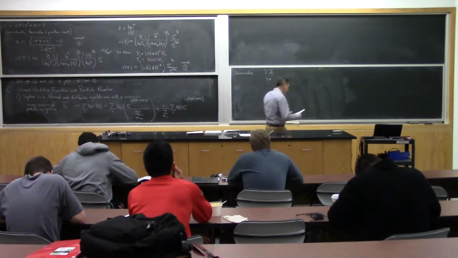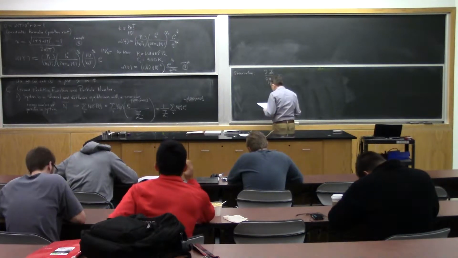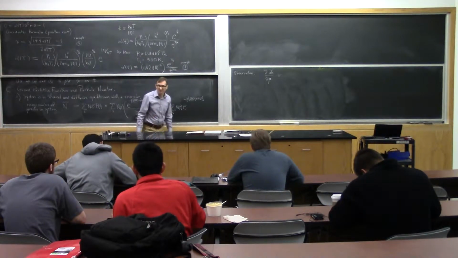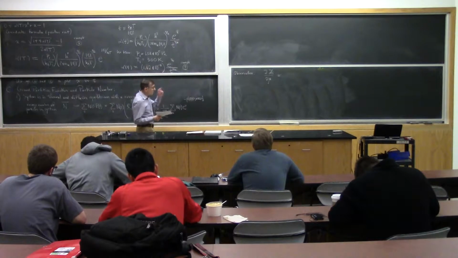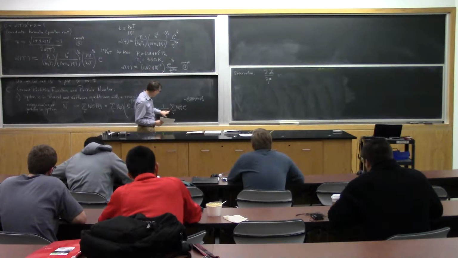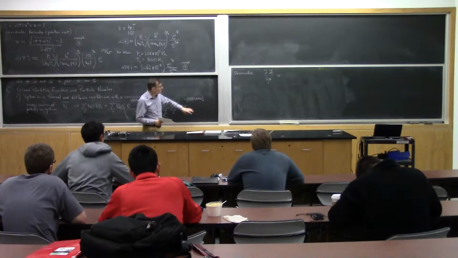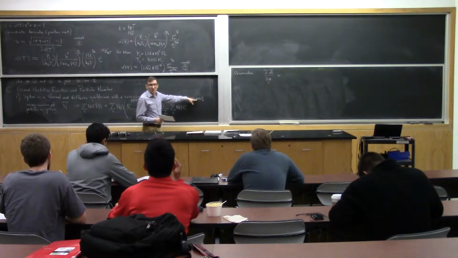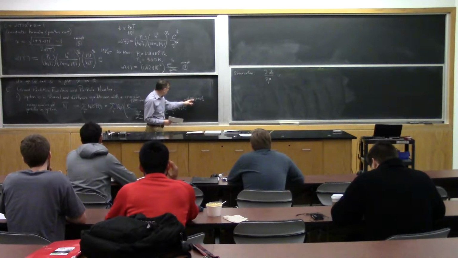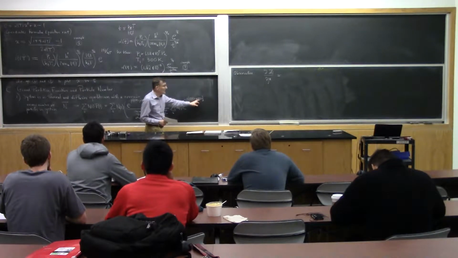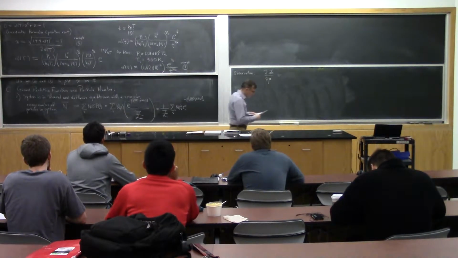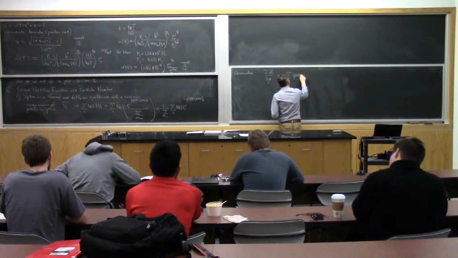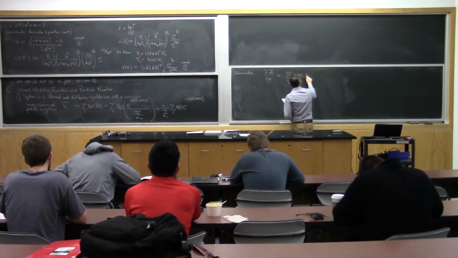Remember, the grand partition function, script Z, is the sum over S of the Gibbs factor for each state. When I differentiate with respect to mu, I just get the exponential, times a factor of beta and N of S. So this partial is the sum over the states of beta N of S times the Gibbs factor.